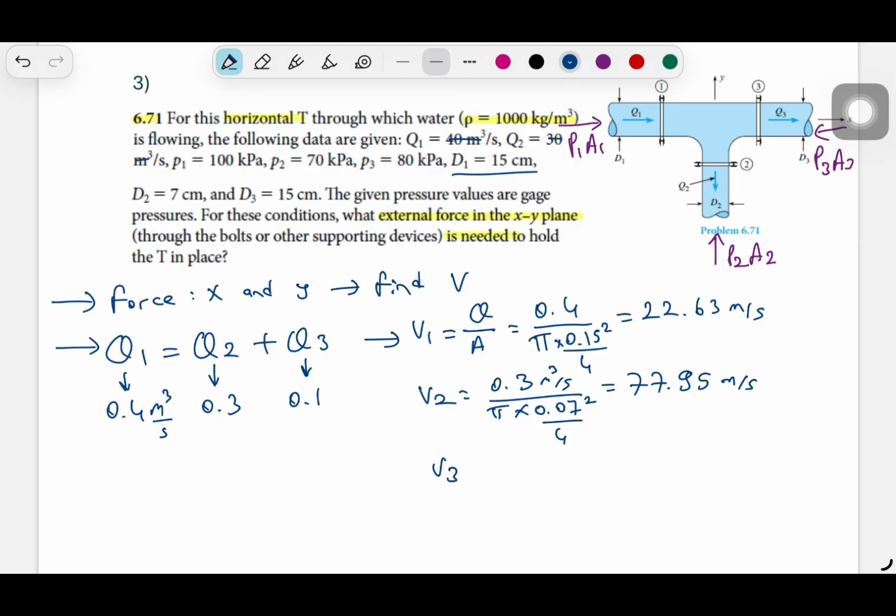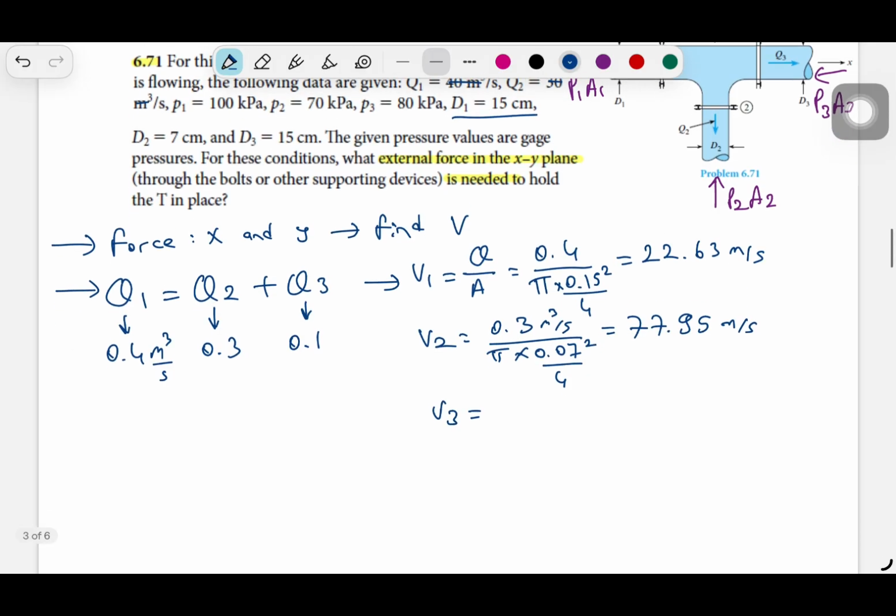And lastly, we will have V3. And this time we will have 0.1 cubic meter per second. We have pi times 0.15 squared meter over 4. And this is the area, of course. So we have 5.66 meter per second.